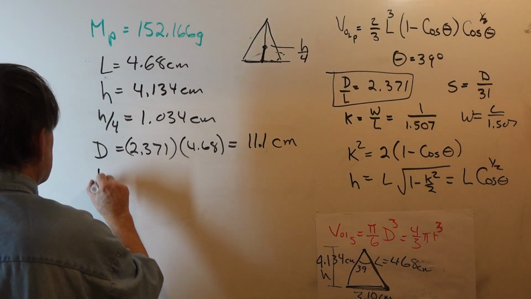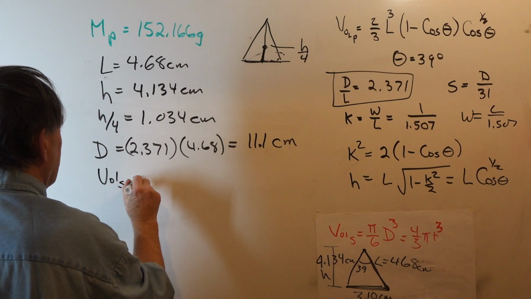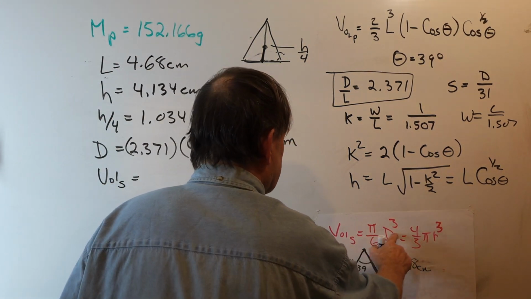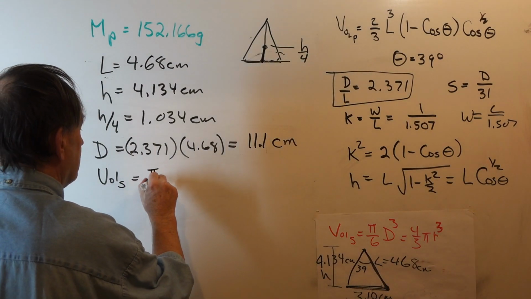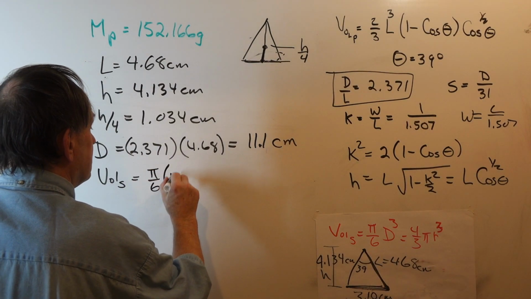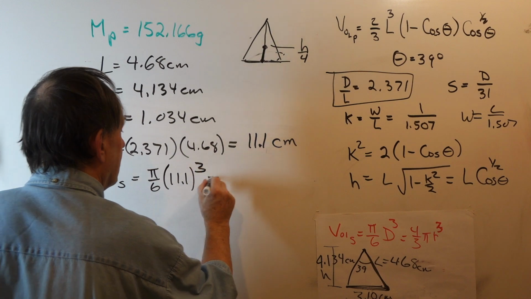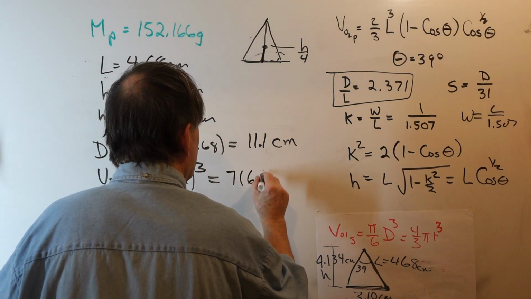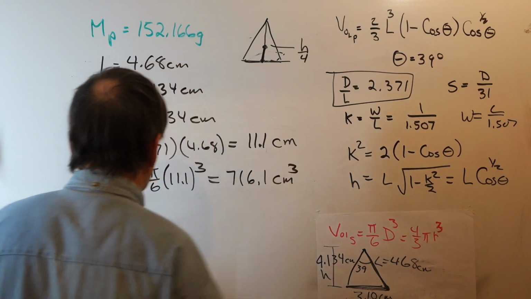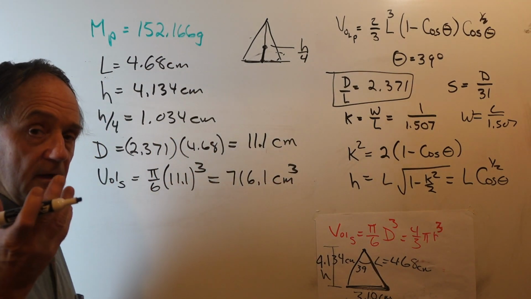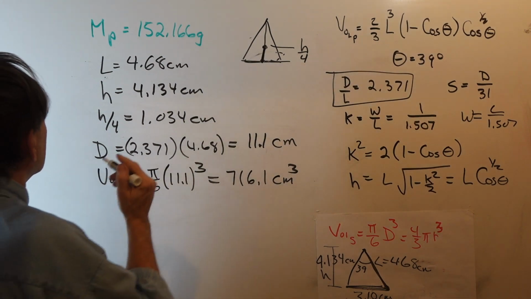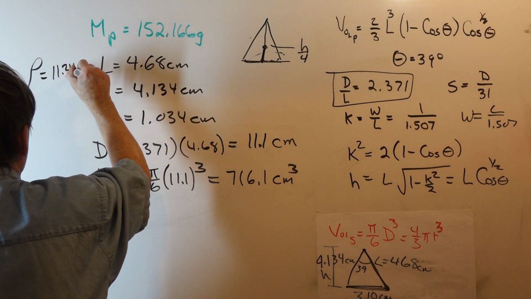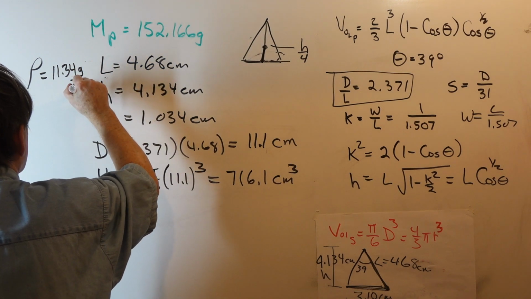The volume of the sphere then is given by pi over 6 d cubed. So we have pi over 6 times d, 11.1 cubed. So the volume of our sphere is 716.1 cubic centimeters. Now, the sphere is also made of lead. Lead has a density, again, of 11.34 grams per cubic centimeter.